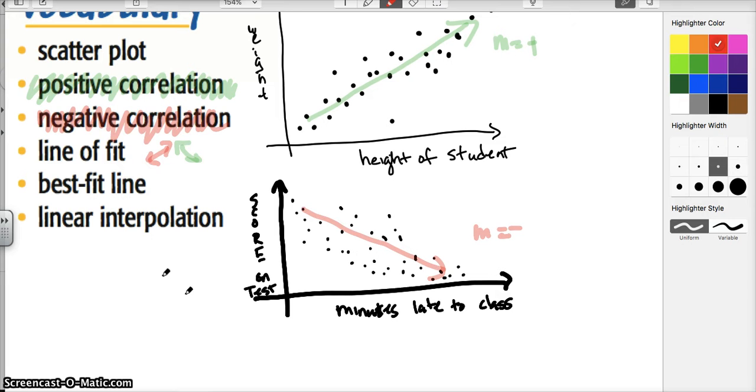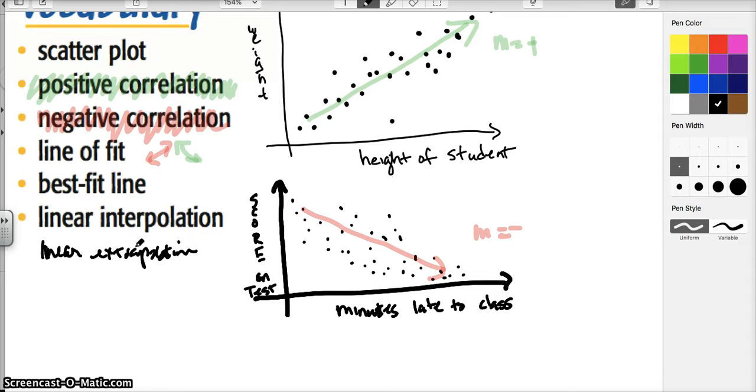A best fit line takes some calculations into consideration, and for us right now, we will allow some digital devices to do that for us. You can do that with your calculator, or you can do that, again, with an online program like Desmos. And the idea of linear interpolation is very similar to another phrase that we learned in a previous lesson. We did linear, do you remember, extrapolation?